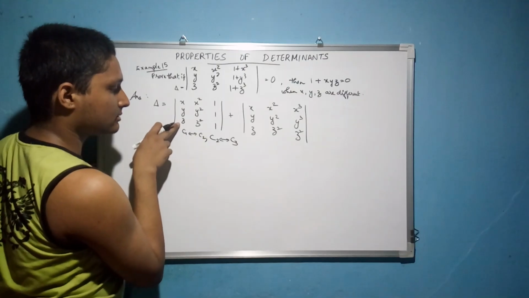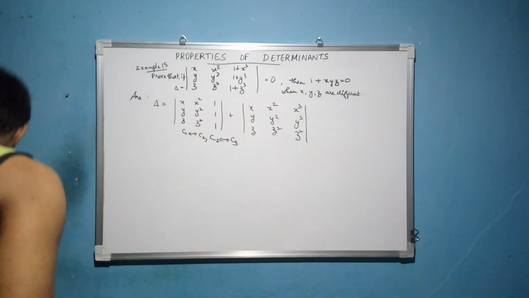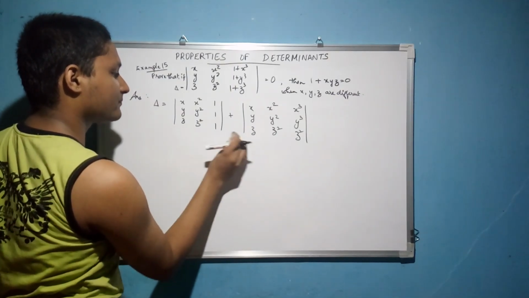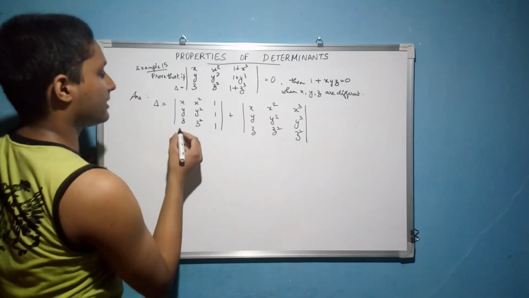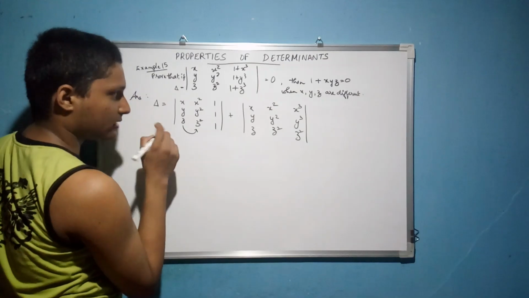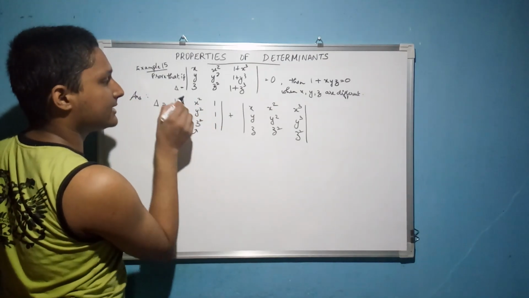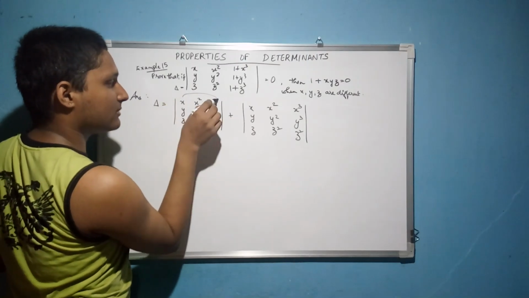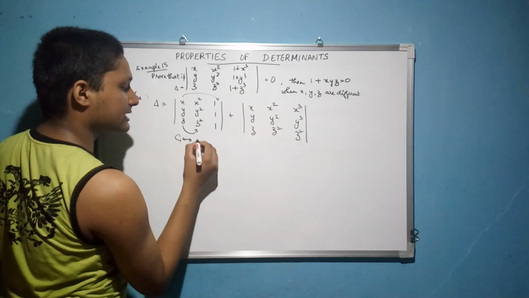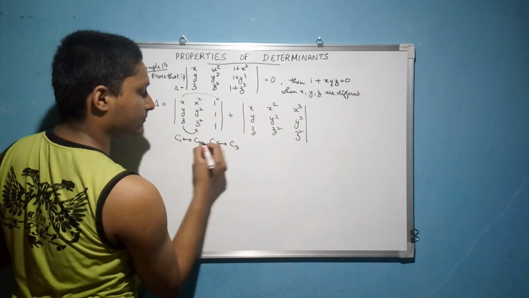First I need to bring this one here. After that, x square, y square, z square will come to the first column. This first column I'll interchange with the third column. Therefore, I can write C1 interchange with C2 and C1 again interchange with C3.